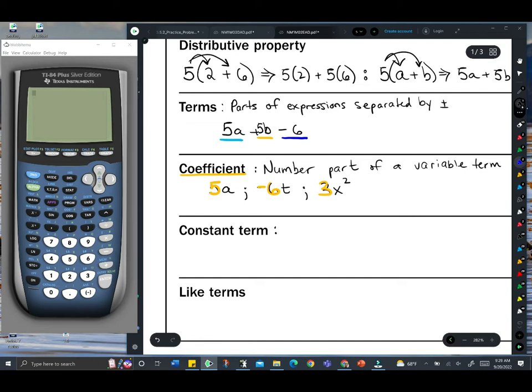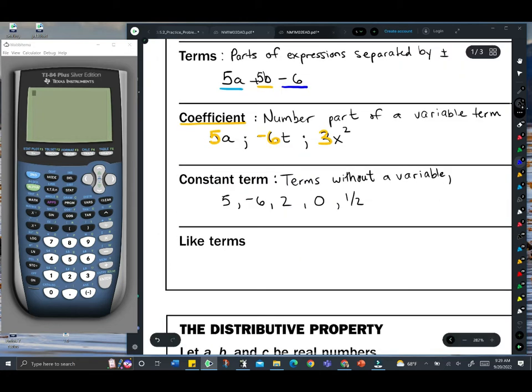Constant terms, on the other hand, are terms without a variable. So they're just simply numbers. So 5, negative 6, 2, 0, and 1/2, those are all constants.